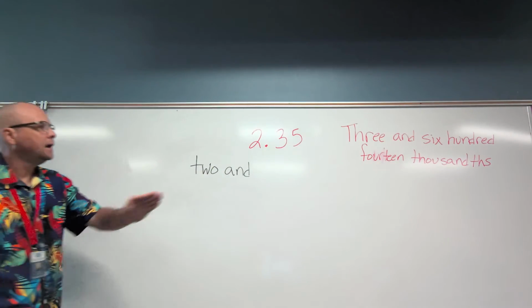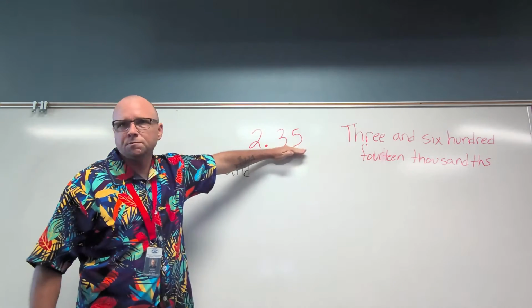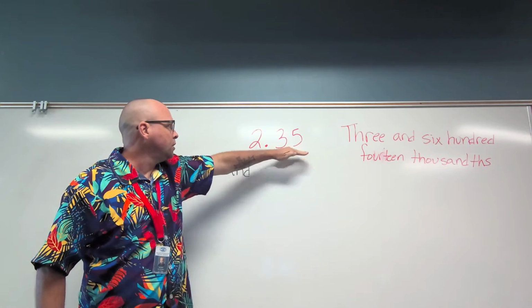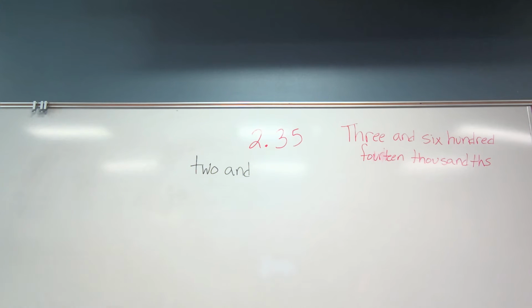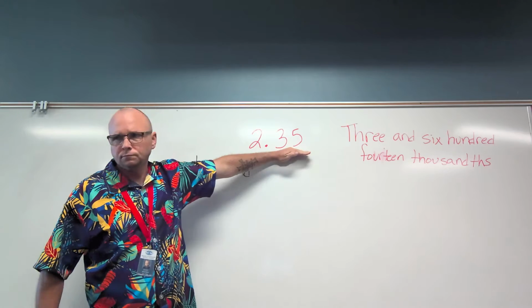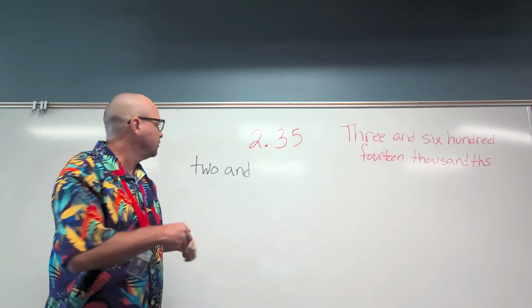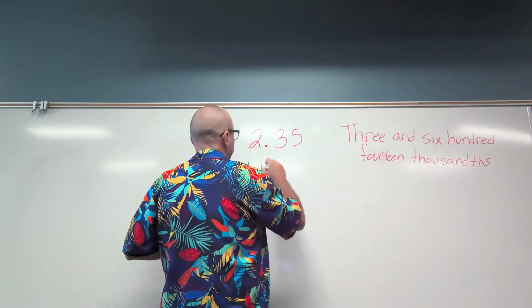Caitlin, now we get to behind the decimal point. And we're going to read the number just like it normally is. So Caitlin, what number is this behind the decimal point? 35. Good. 35 hundredths.